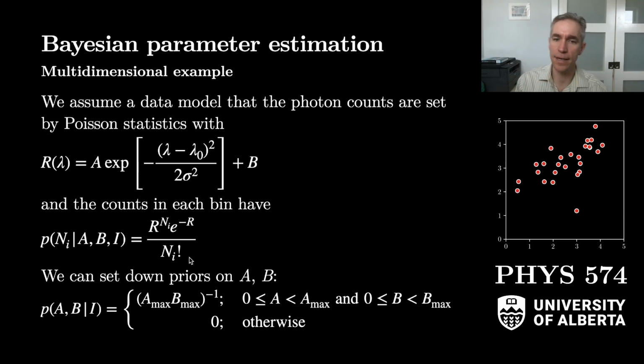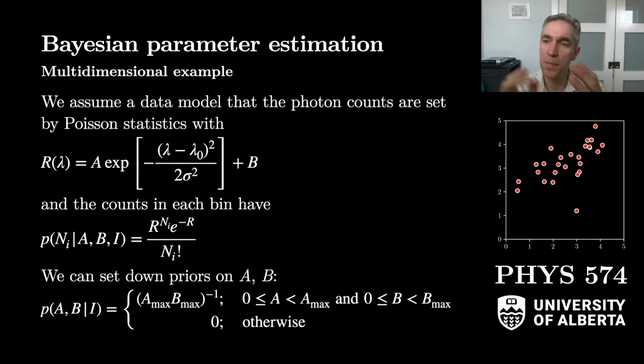And then we need to lay down priors. So we are going to assume a fairly simple prior distribution right now. The probability of A and B, given the information, is just going to assume that it's within a box of A max by B max in this two-dimensional space, and it's going to be uniform within there, zero otherwise. So we're going to assume that the background is non-negative, and that the amplitude of the line is non-negative.